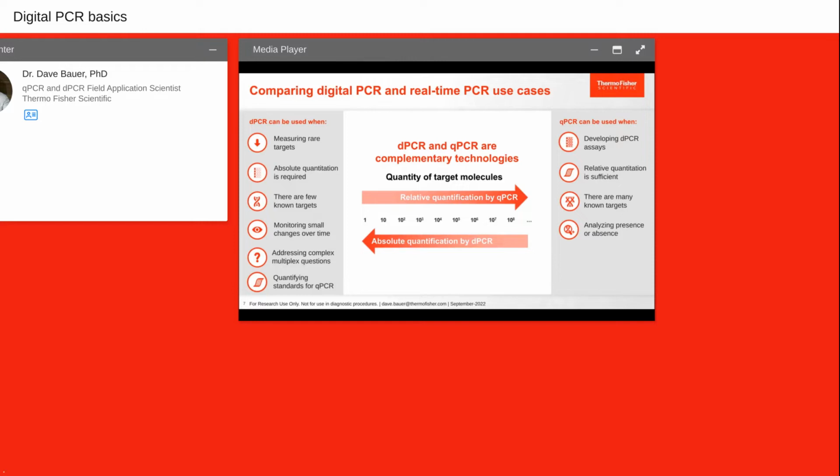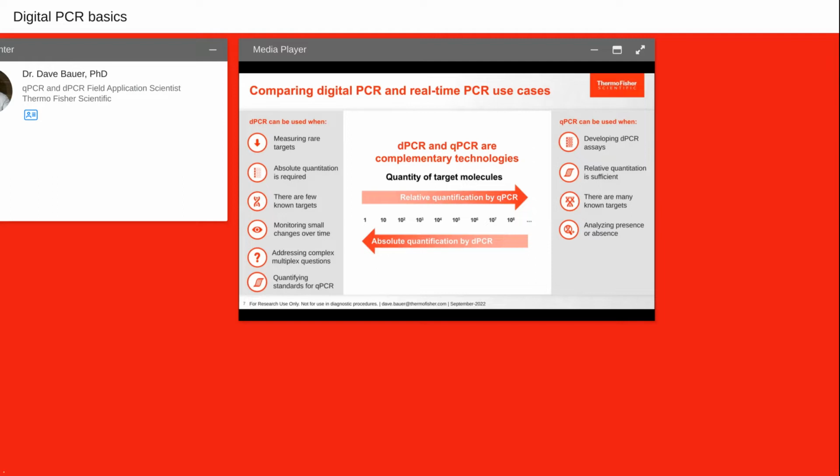Digital PCR is going to have a smaller dynamic range, but it's more geared toward the lower concentrations. So anytime we're working with lower concentration targets, that's where digital is potentially going to have greater value. Looking at that list on the left, measuring rare targets, of course, and as we've alluded to multiple times, whenever absolute quantification is needed, that's where digital is going to shine.